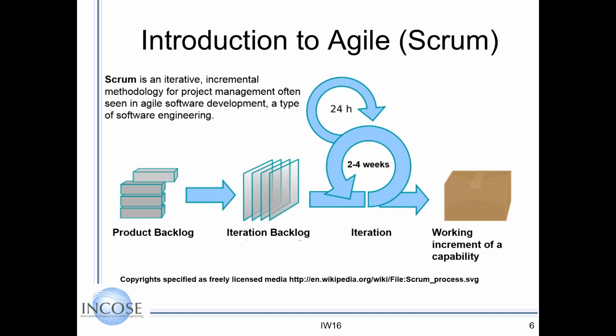All being at the end of your iteration, you're producing a working increment. It could be software, it could be a demonstration, prototype, or a model, depending on the development cycle.